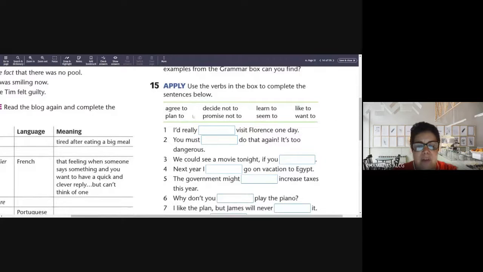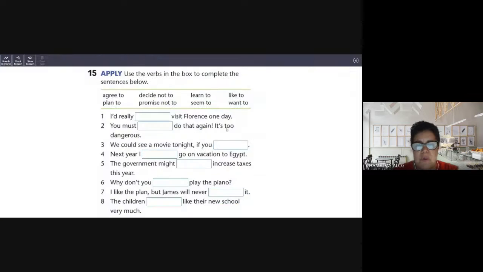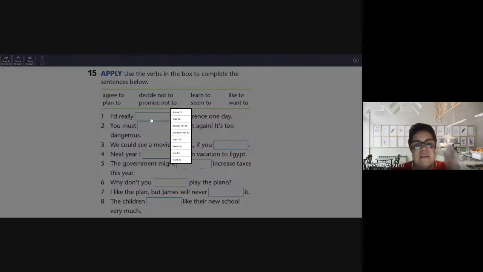So here we have agree to, plan to, decide not to, promise not to, learn to, seem to, like to, and want to. So let me focus this part and try to do this exercise. Let's do the first one together. So the first one is easy.